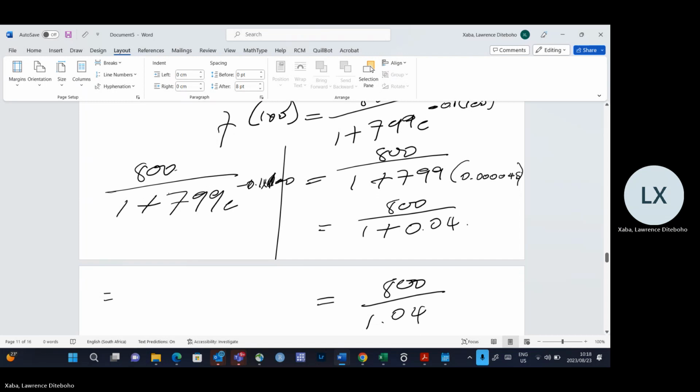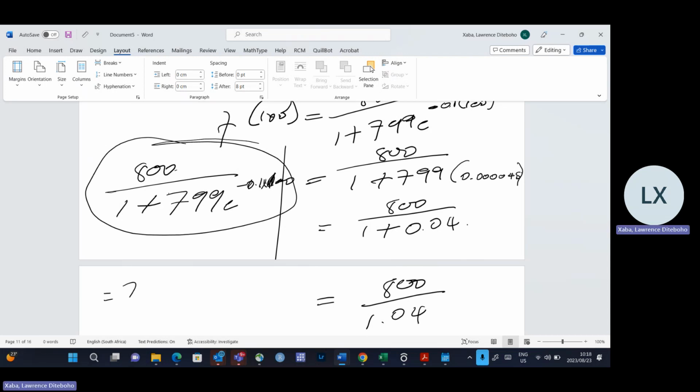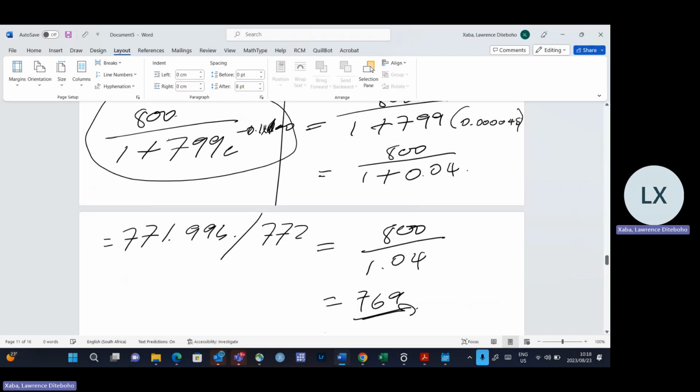If you punch it as it is from the calculator, you end up getting 772.